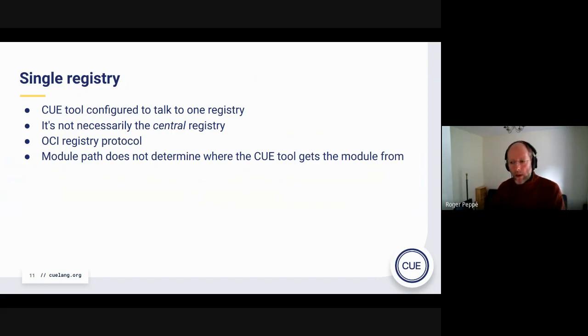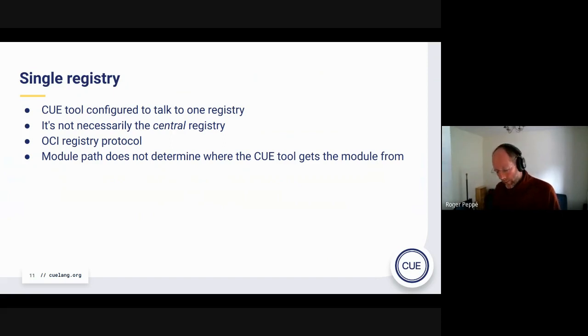And what we're proposing now, after various feedback from people, which is really useful, is that the registry is an OCI registry. So you will get modules directly using that OCI protocol. And there's a key insight here: when you import something from an import path, the import path might say github.com/foo/bar, but that's not where you're actually getting the module from.